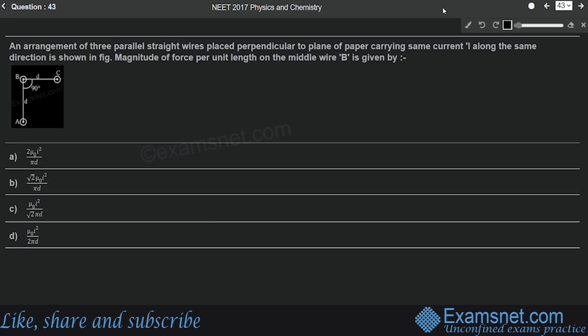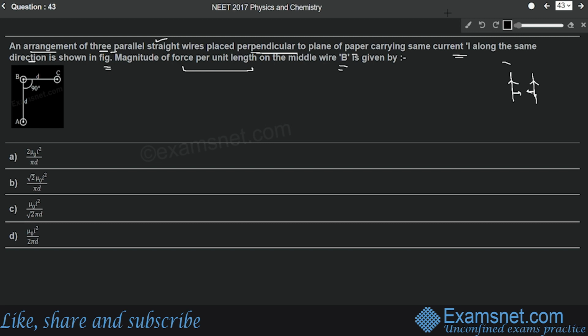Now question number 43 is from magnetic effects of current, and the question is: an arrangement of 3 parallel straight wires placed perpendicular to the plane of paper carrying the same current I along the same direction is shown in the figure. The magnitude of force per unit length on the middle wire B is given by. We know that whenever we have 2 parallel wires and the current is in the same direction, then there will be a force of attraction between these 2 wires.